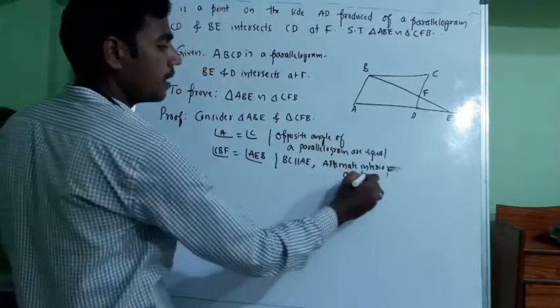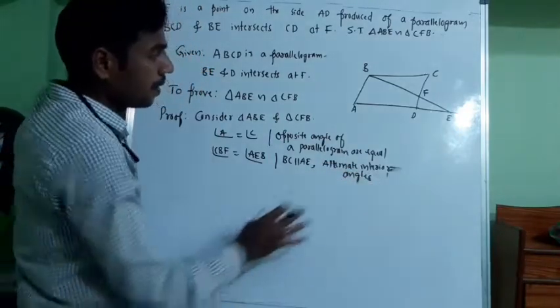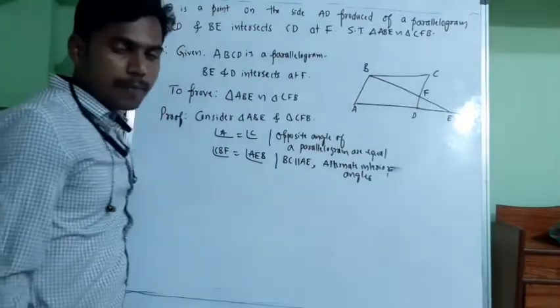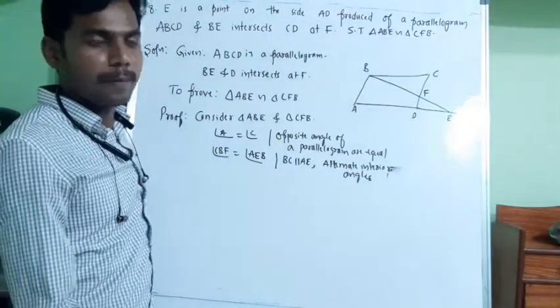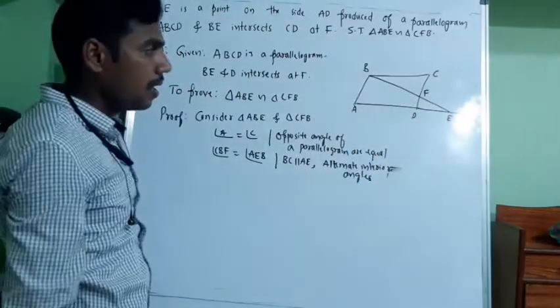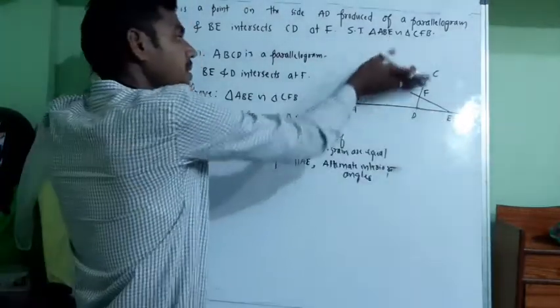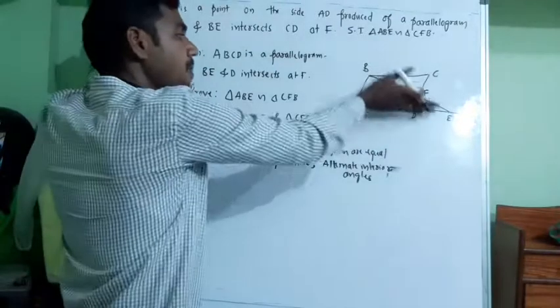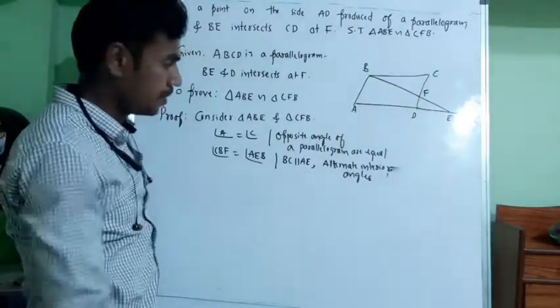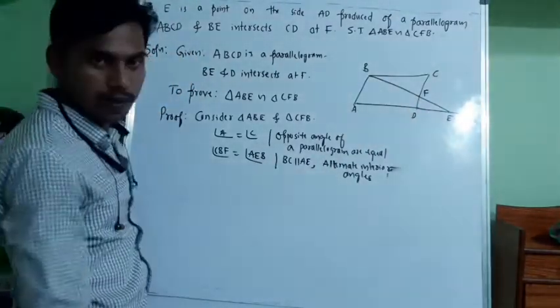Alternate interior angles. And see, opposite sides of a parallelogram are equal and parallel. And what is E? See, AD is produced to E. Obviously, if BC is parallel to AD, BC is parallel to AE. So that only I have written.